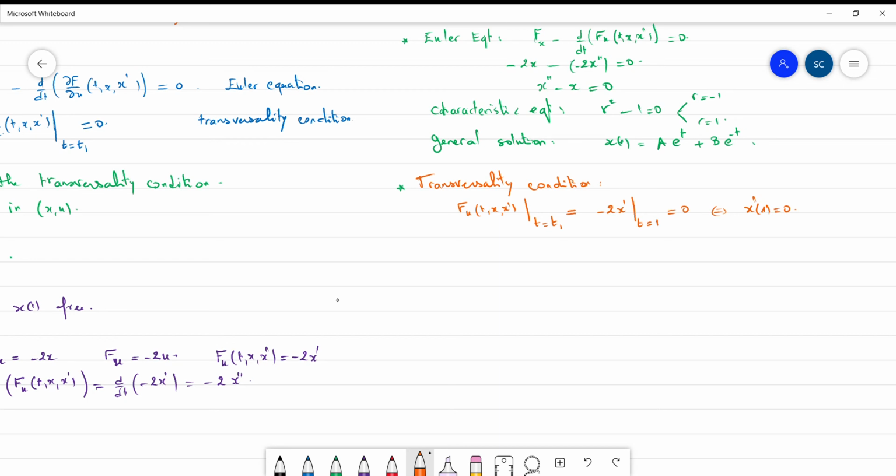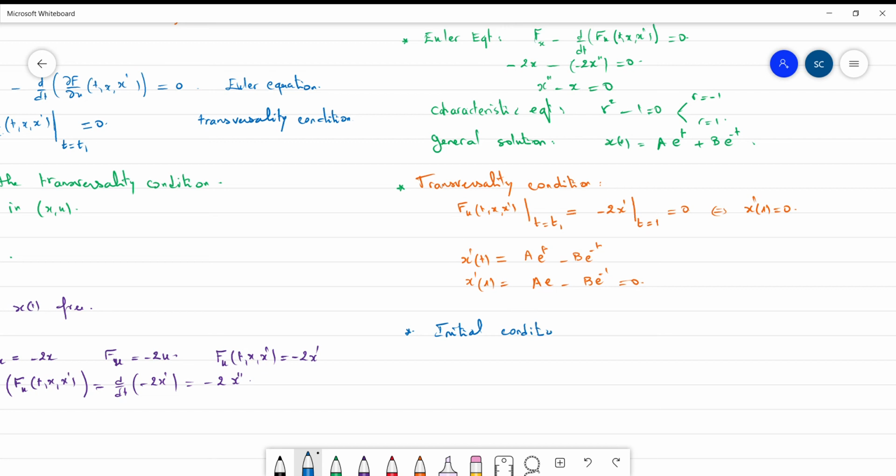Now we have the general solution. x'(t) is a e^t minus b e^(-t), so that x'(1) will be a e minus b e^(-1) equals 0. So we need this relation between a and b. Let's express now something we didn't do, the initial condition.